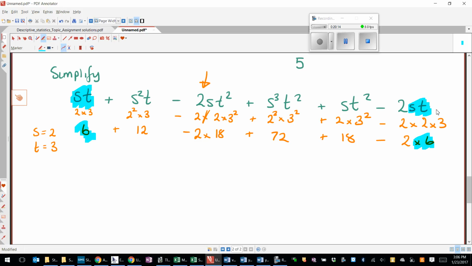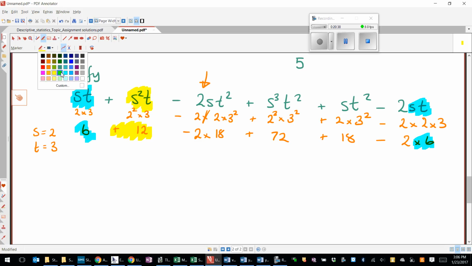Then, for instance, I've got an s squared t, which is a 12. Have I got any other 12s? No, because I've got no other s squared t's.